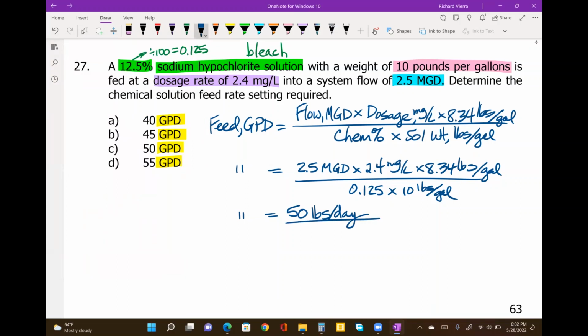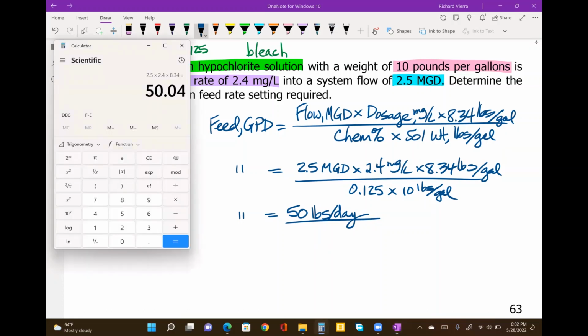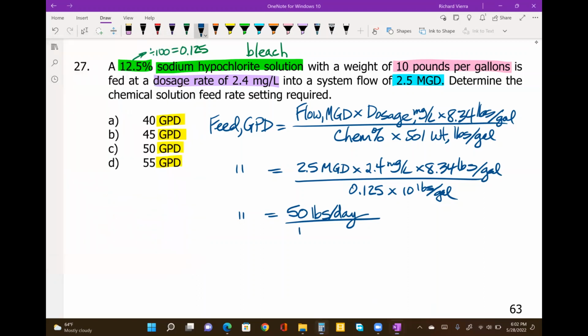So now we have to determine how many pounds are in each gallon. And then once we know that, we divide, and that'll tell us how many gallons to use each day. So when we multiply 0.125, 12.5% in decimal form, times the total solution weight of 10 pounds per gallon, that tells us we have 1.25 pounds of chlorine in each gallon.